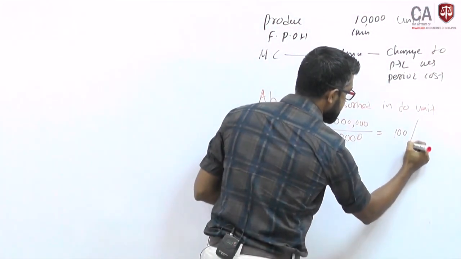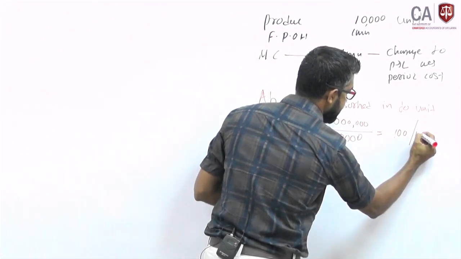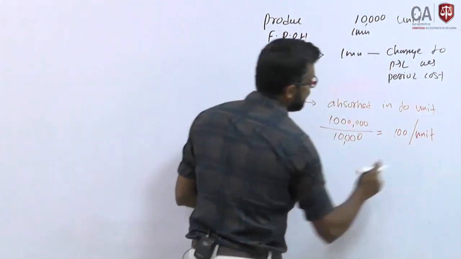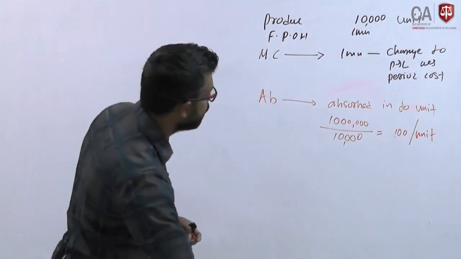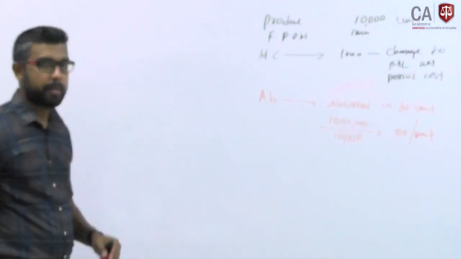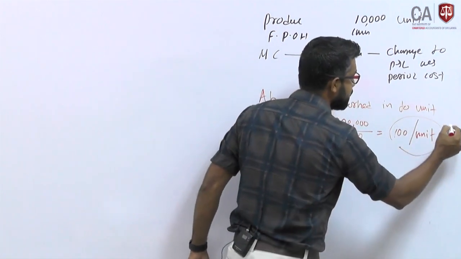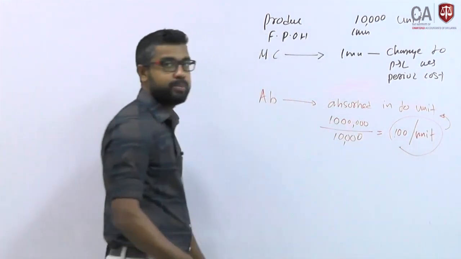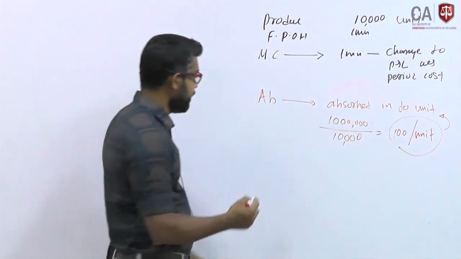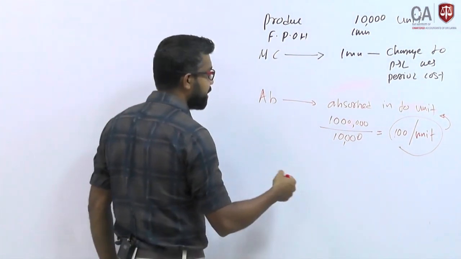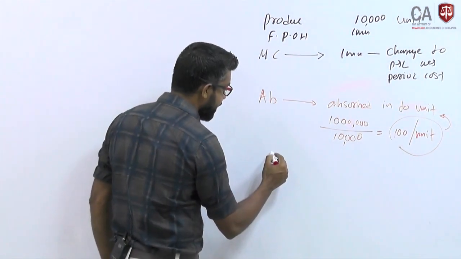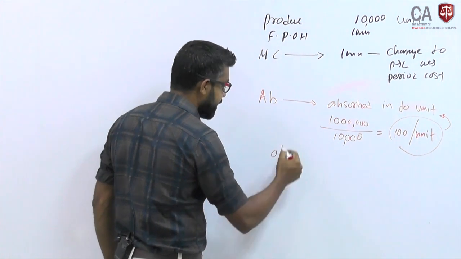So, fixed production overhead per unit, how much? 100. You will absorb this 100 into what? Unit.